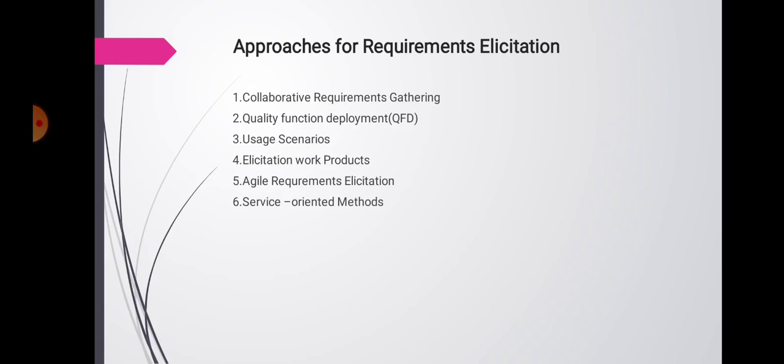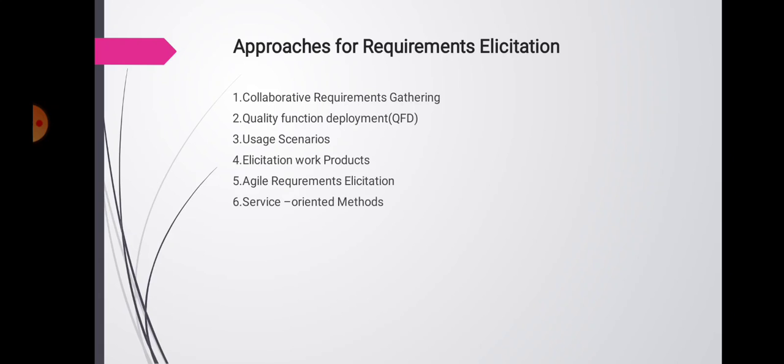Rules for preparation and participation are established. Meetings are conducted and attended by both software engineers and other stakeholders. A facilitator controls the meeting. An agenda is suggested that is formal enough to cover all important points but informal enough to encourage the free flow of ideas. A definition mechanism is used.